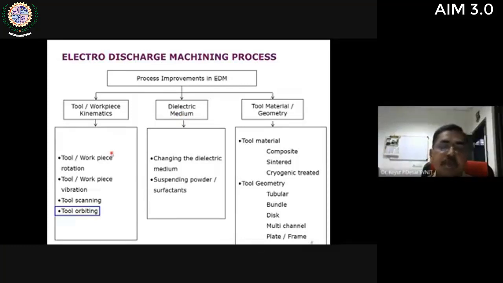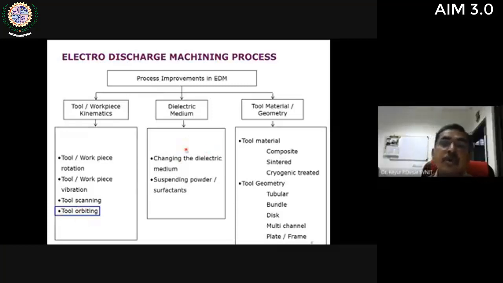As far as tool-workpiece kinematics are concerned, tool or workpiece rotation is one of the options. Tool or workpiece vibration is the other option. Tool scanning, that is moving the tool, is another option. And orbiting a tool is also an important option. My talk today will be confined to this particular topic.